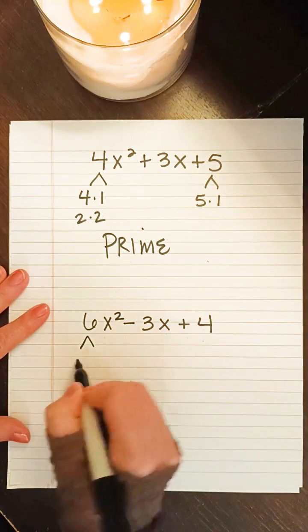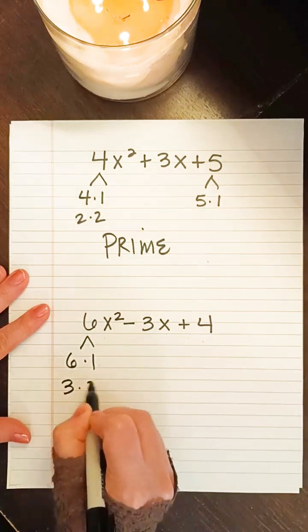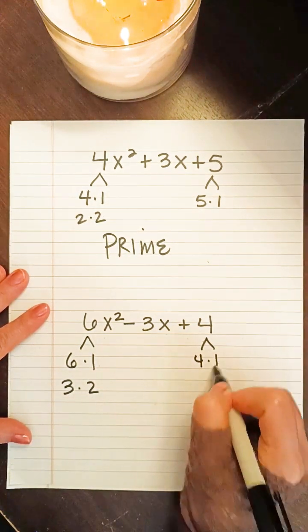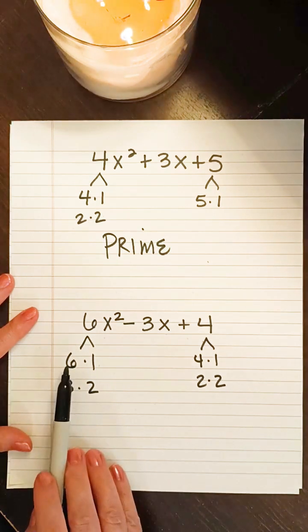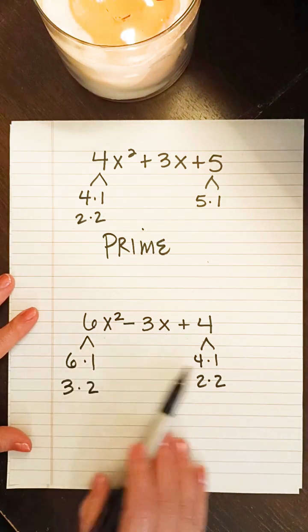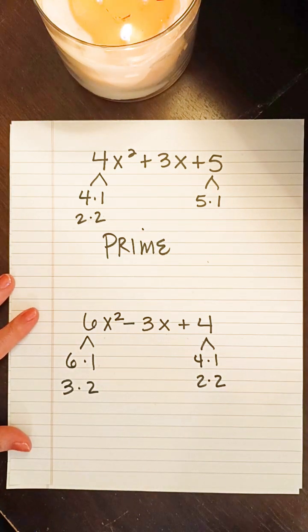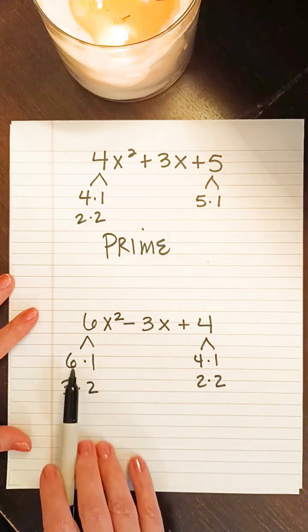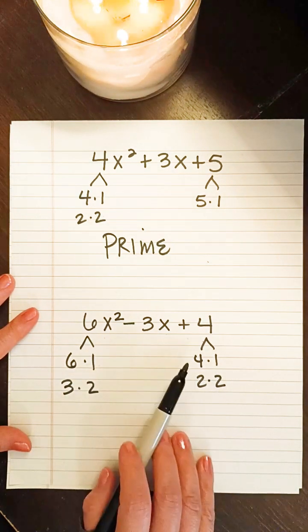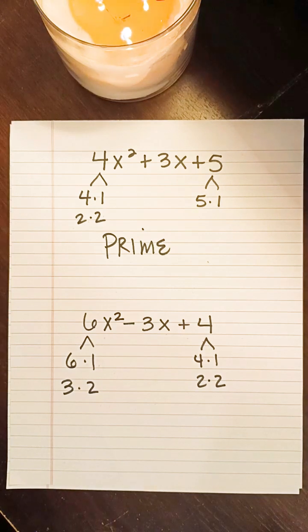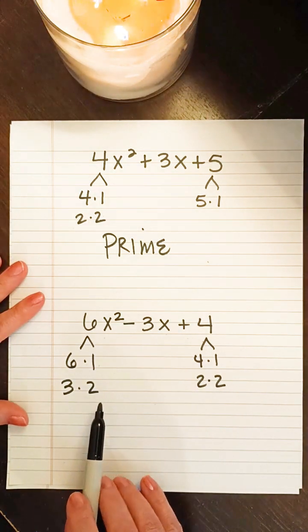So let's try this one. 6 times 1, 3 times 2, 4 times 1, 2 times 2. And we want to get a 3. Let's see, 6 times 4 is 24. 1 times 1 is 1. 24 plus 1, 24 minus 1 won't get us 3. Let's try the other way. 6 times 1 is 6. 1 times 4 is 4. 6 plus 4, 6 minus 4 won't get us 3.